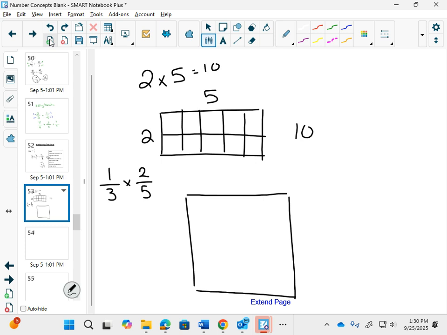Okay? So what I'm going to do on one side, I'm going to do area here. This whole thing, I'm starting off with a square that's 1 by 1. If I divide this side into thirds, this part here would be 1/3. And if I divided this side into fifths, these two would be the 2/5.